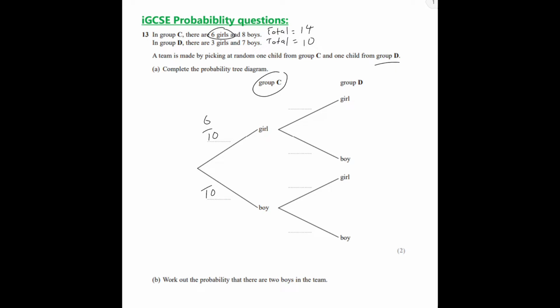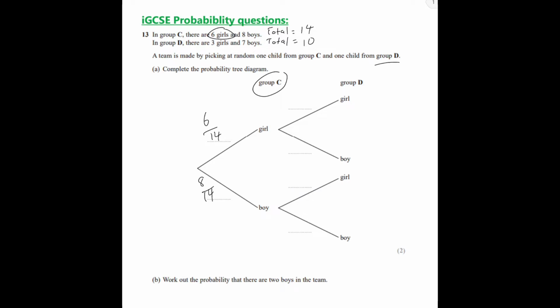Sorry guys, for Group C you're doing this individually, right? The 10 is for Group D, and there are 14 children in Group C, so be careful of that. There are 6 girls out of 14 children in Group C, and 8 boys out of 14.